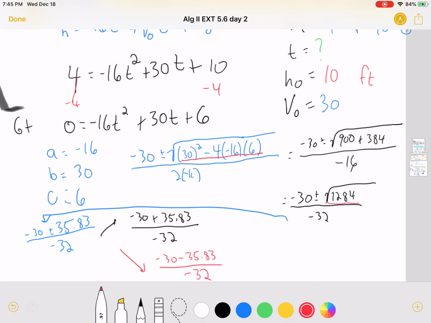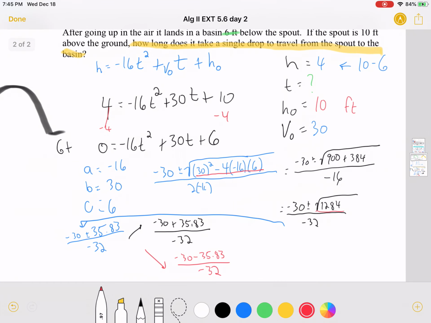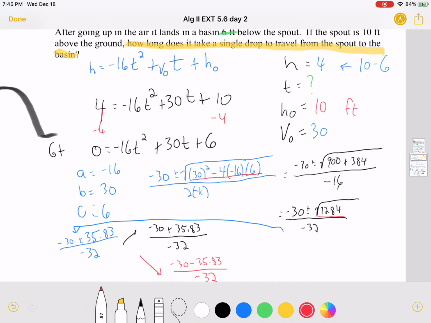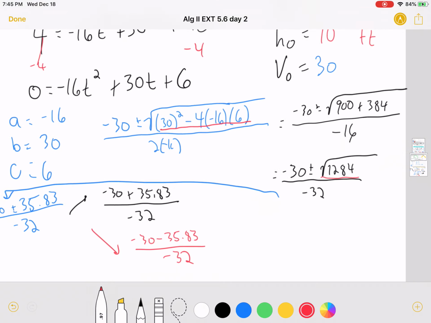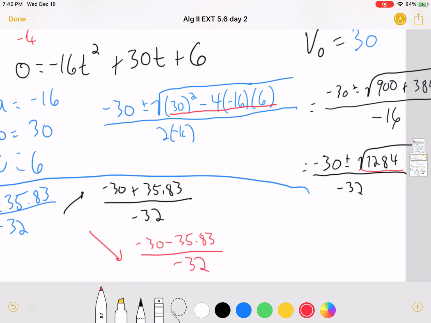Now, before we solve this, let's take a step back. My question is asking how long it takes a single drop to travel from the spout to the basin. So let's think about this logically. If I'm trying to find time, can time be negative? No, it can't. So one of these answers is going to give me a negative answer.